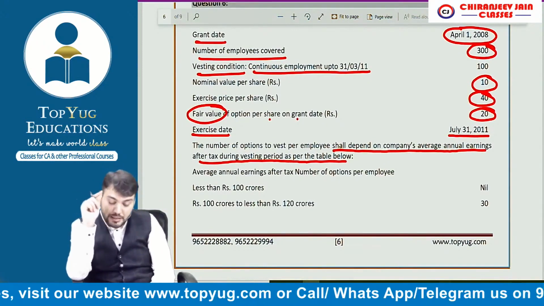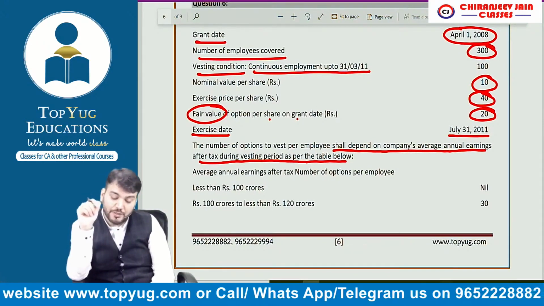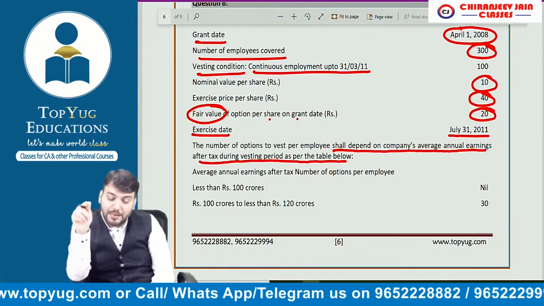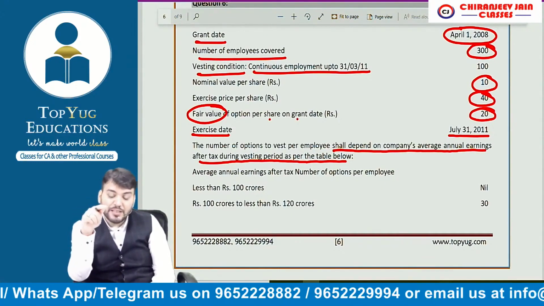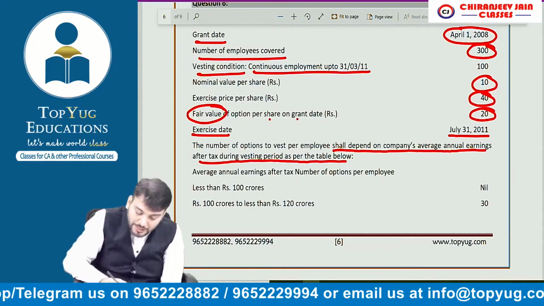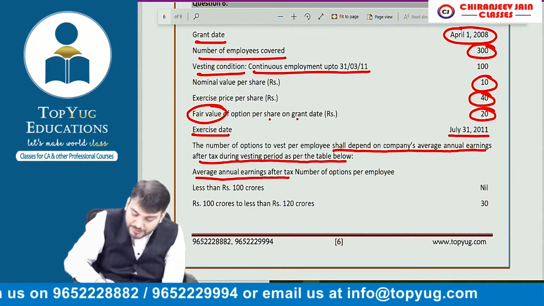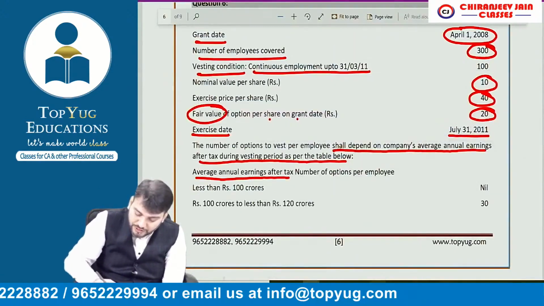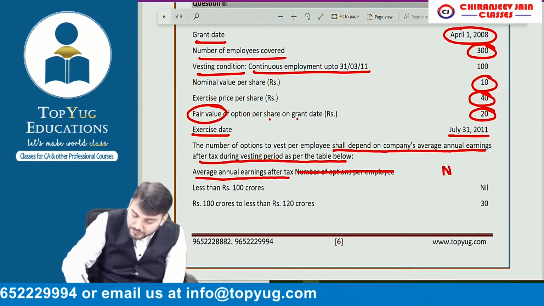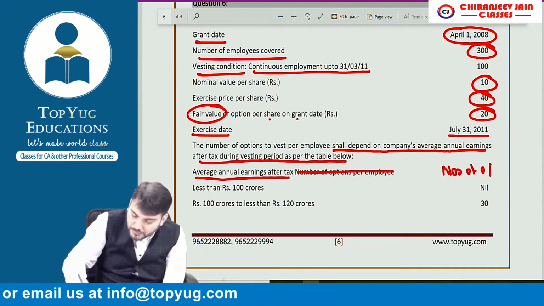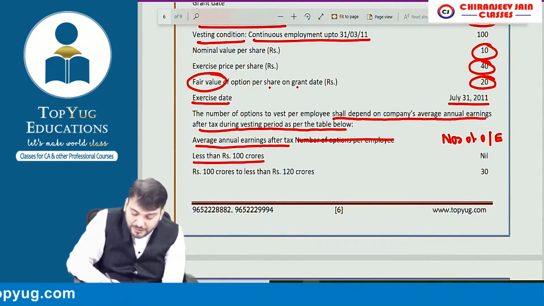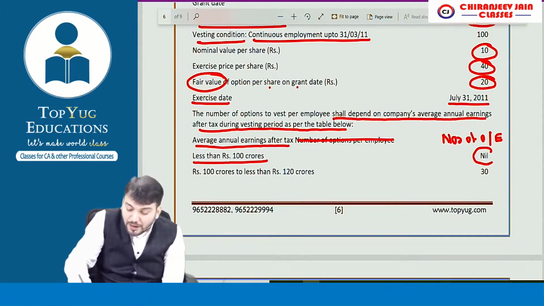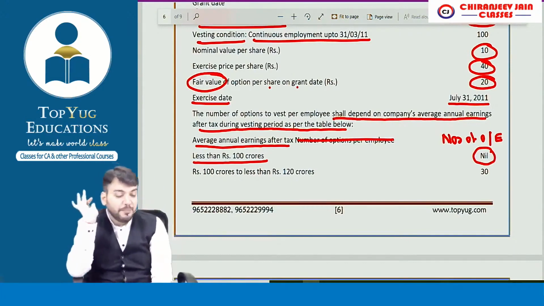This is the number of options per employee. So if average annual earning after tax is less than rupees 100 crore, then the number of options per employee will be nil. Did you understand this point?